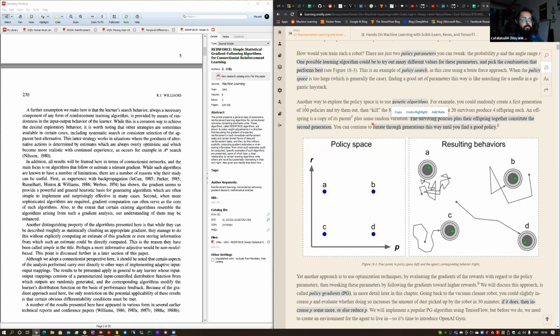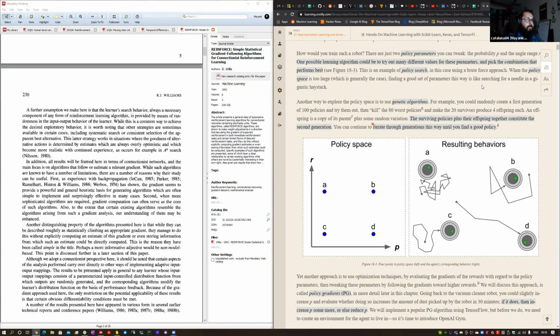The other class of exploring the policy space is in this paragraph, a genetic algorithm. Suppose we have a first generation of 100 policies and try them all out, then kill the 80 worst policies, and take those 20 survivors and produce four offspring each, where an offspring is a copy of its parent plus some random variation.